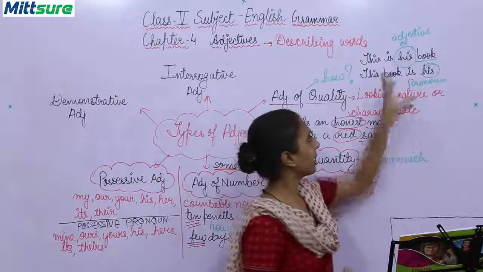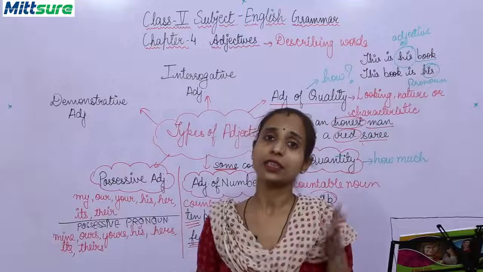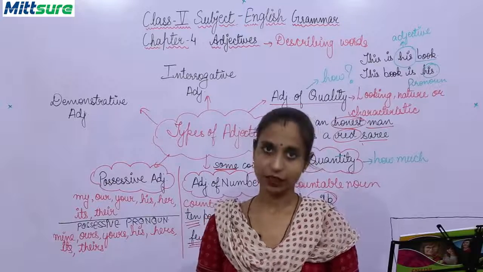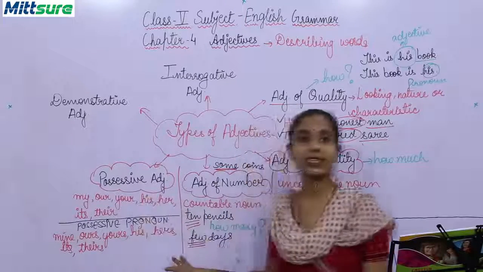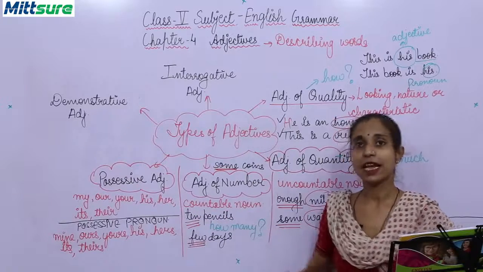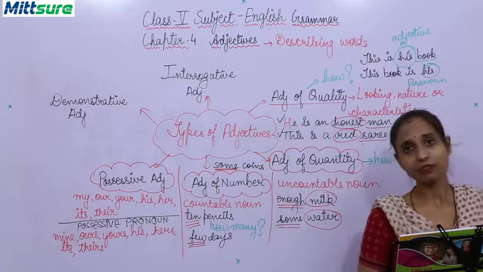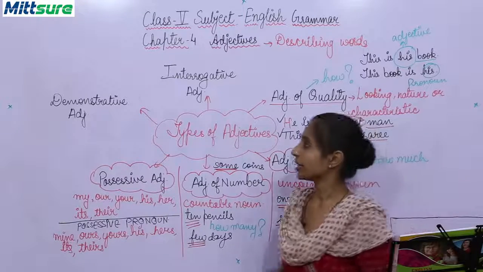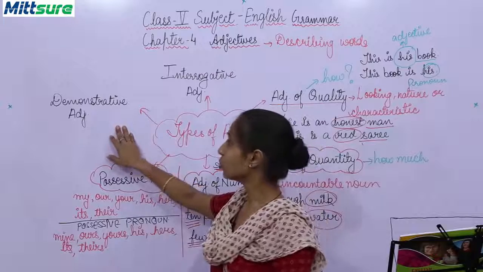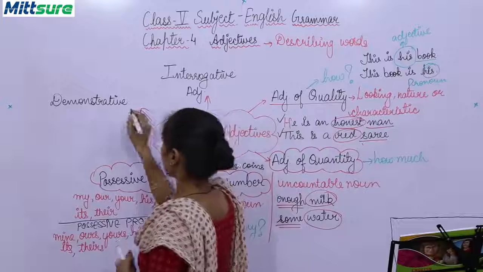And here adjectives will usually come before the noun they are describing. I hope now it is clear to you what possessive adjectives are and how we can differentiate them from possessive pronouns. Now let us move forward to the next kind, that is demonstrative adjective.